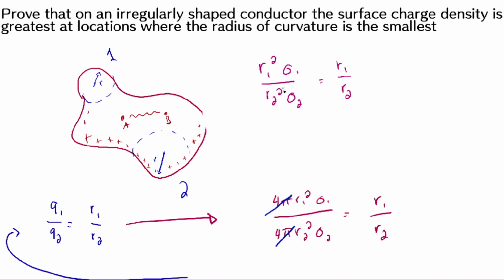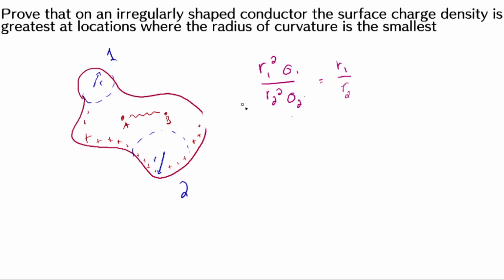We do not exactly like it in this form because it's not telling us much. So we can multiply our left-hand side by r2 squared, and the right-hand side by r2 squared too. So on the right-hand side, now we have r1 times r2 squared over r2, and the left side is equal to r1 squared sigma 1 over sigma 2.